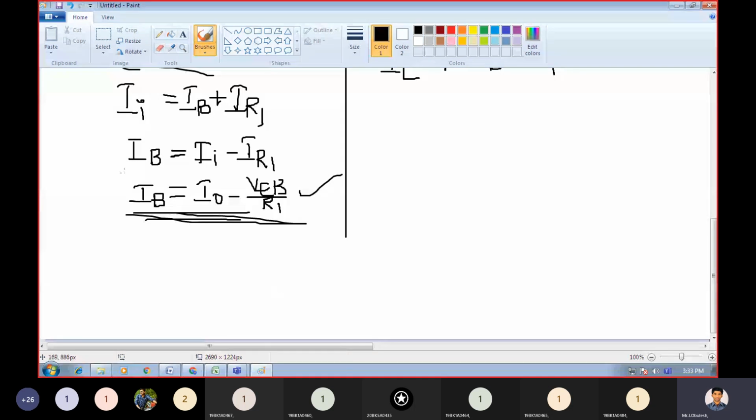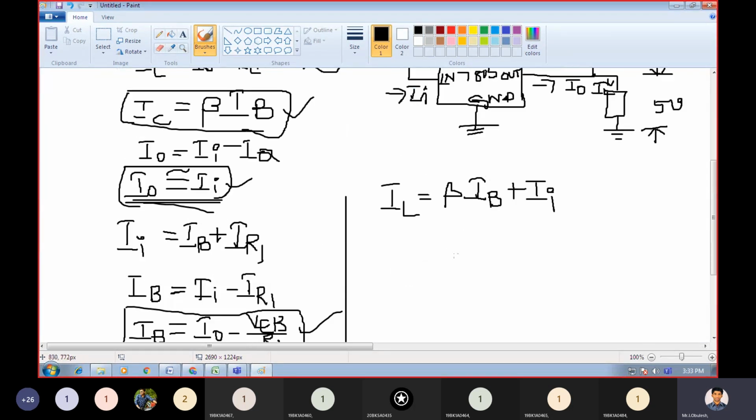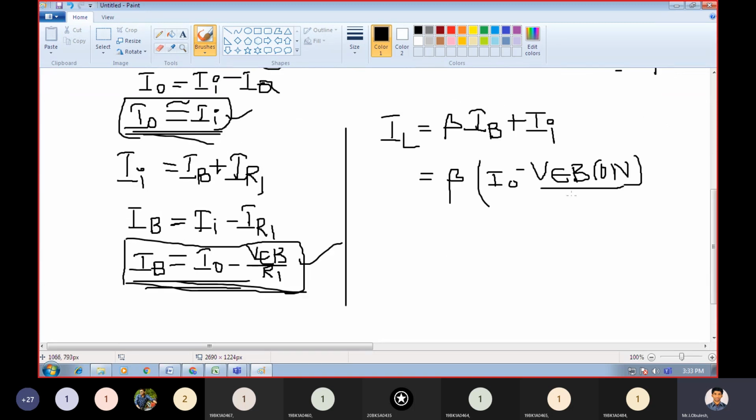Here IB means again this one. Substitute that also: beta into IB means I0 minus VEB at on state only, divided by R1, plus II.